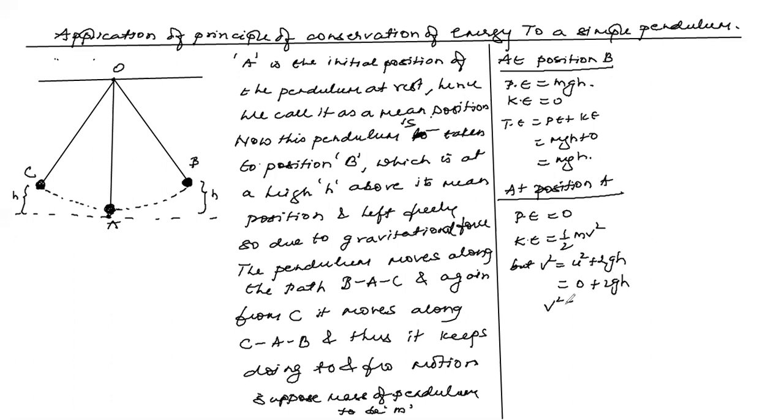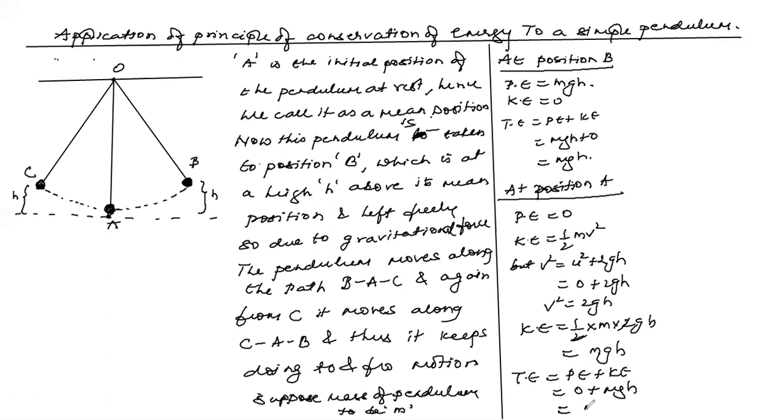So v square equals 2gh. Therefore, KE will be half into m into 2gh, equal to mgh. So total energy at A, total energy equals P plus K, 0 plus mgh. How much do you get? mgh.